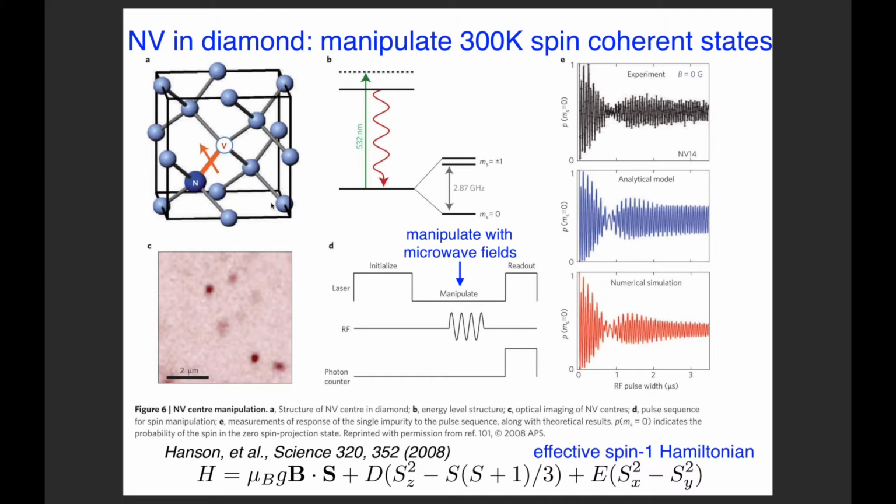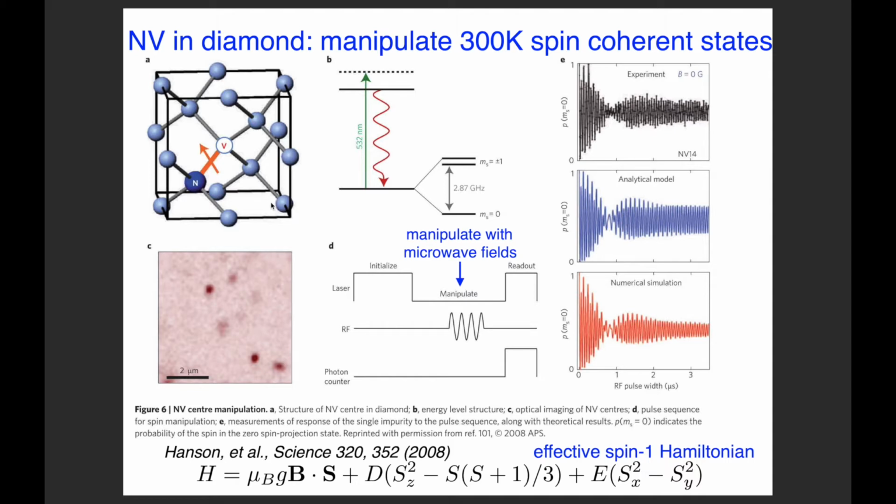And as a result, there are possible manipulations of the NV that are quite remarkable. Shown here is a sequence of events that one can do in order to initialize and then manipulate and then detect the spin in the NV center.